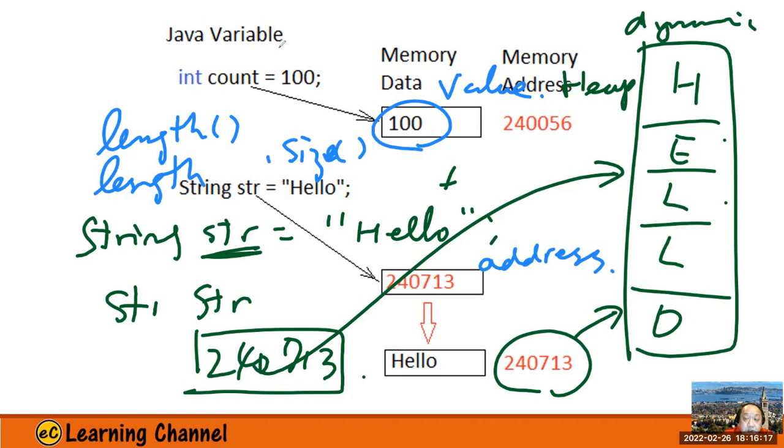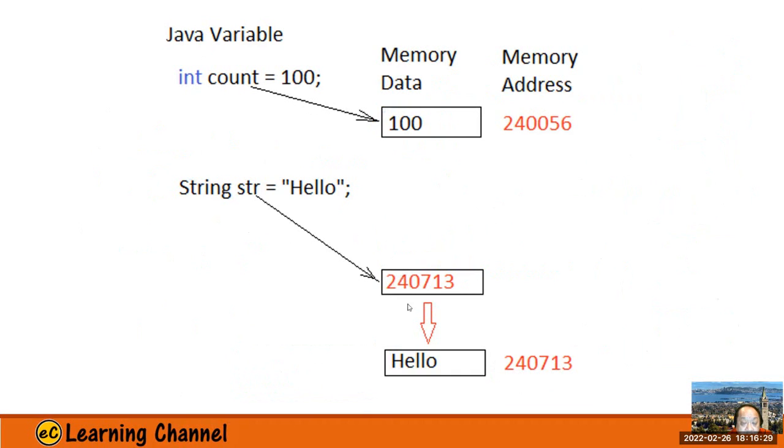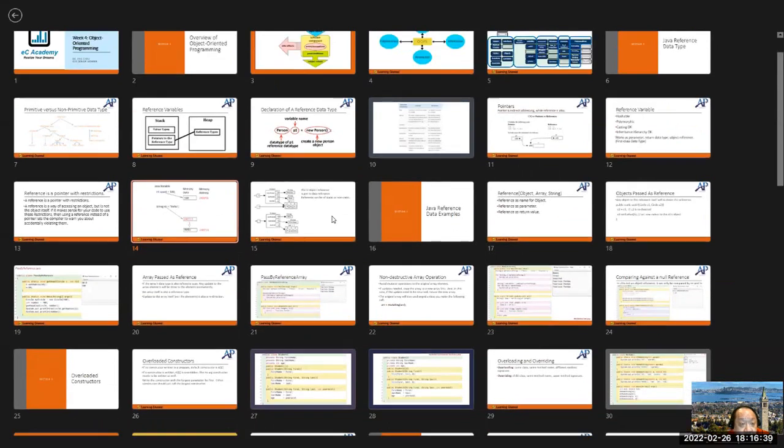Basically, you store your data in the heap, and then you just put the address into your variable. You will see why this concept is very important when we review the problem.